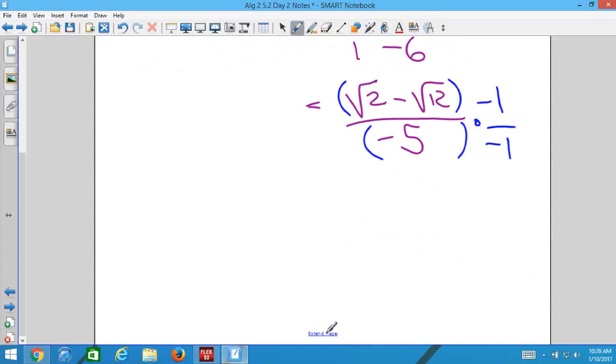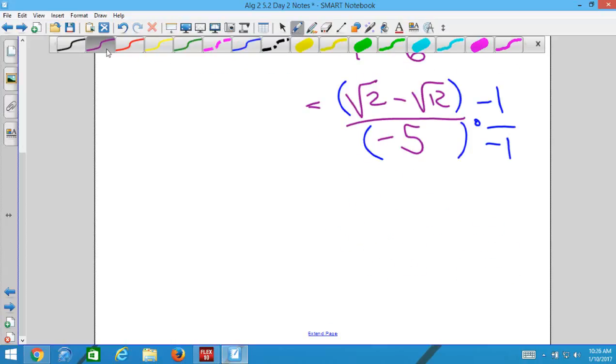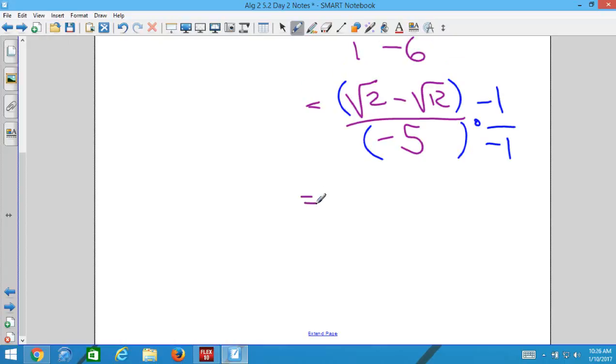Do you understand what I'm saying? These are the same number, so we're really not changing the value of this. It's not like multiplying by 2. It's multiplying by a value that is 1. It just looks different. Negative radical 2 plus radical 12 over +5.